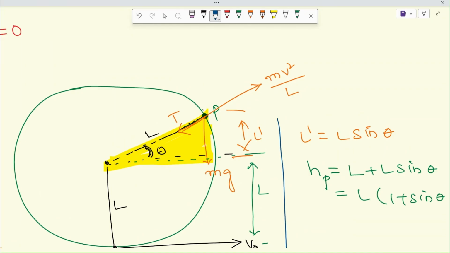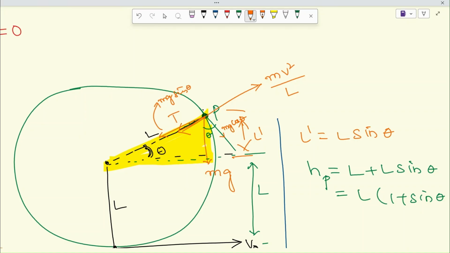Now I am writing the components of the weight along the radius. If this is mg, you can see this angle is theta. So this will be mg cos theta, and along the tension there will be mg sin theta.